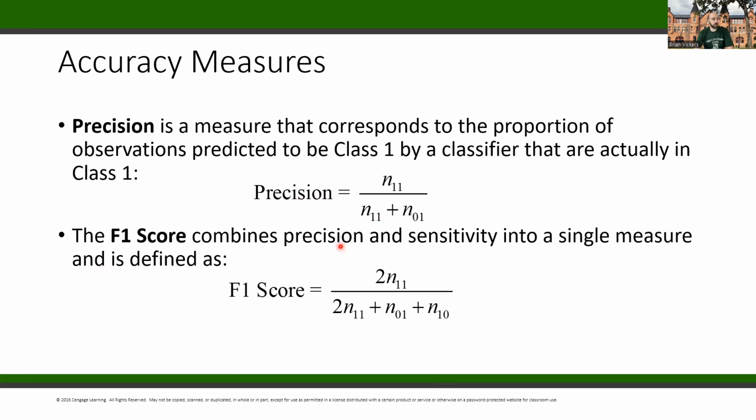And then the F1 score sorts the precision and sensitivity into a single measure. So this is every instance of predicted 1 and actually was 1, so it starts with 1, ends in 1. And then the bottom of this is 2 times that number, divided by 2 times the number of that occurrence, plus all the times you either predicted 1 or it was 1.